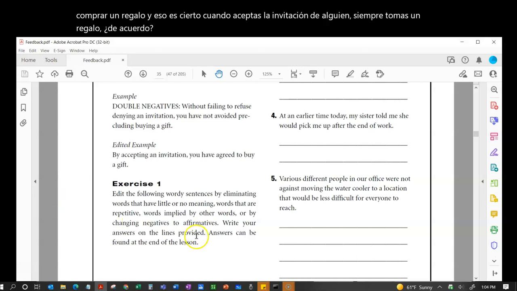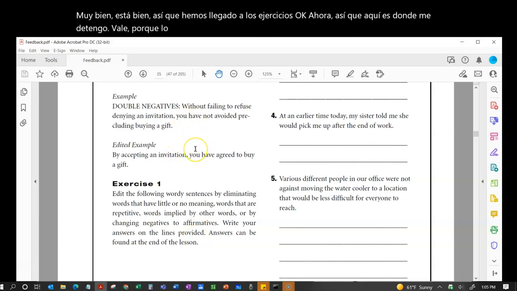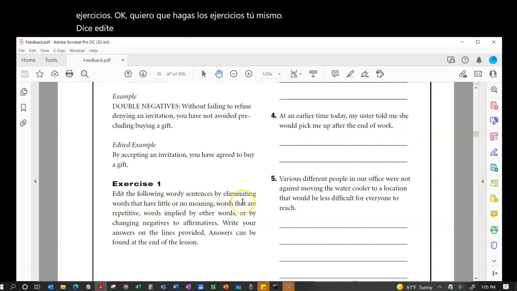All right. Okay, so we have gotten to the exercises, okay? Now, here's where I stop, okay? Because I've gone over the examples with you, and now it's up to you to do the exercises. I want you to do the exercises yourself. It says, edit the following wordy sentences by eliminating words that have little or no meaning, okay?